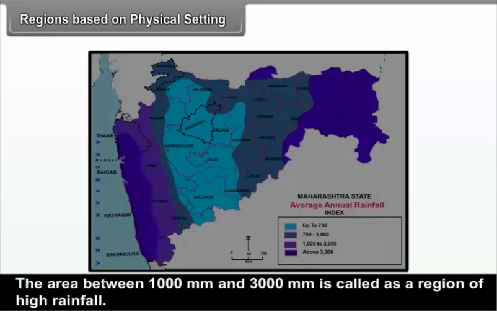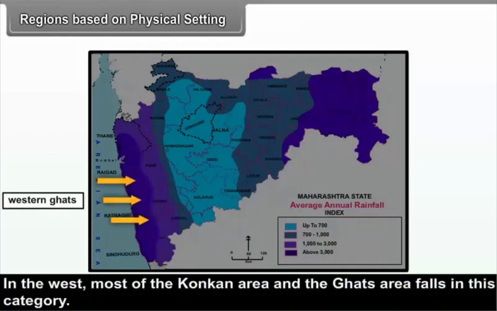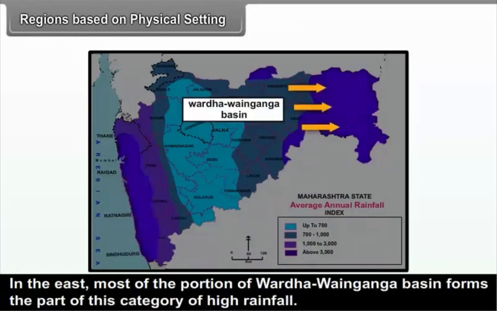The area between 1000 mm and 3000 mm is called the region of high rainfall. This region is spread in 2 different parts of the state. In the west, most of the Konkan area and the Ghat area fall in this category. In the east, most of the Wardha-Wainganga basin forms part of this category of high rainfall.